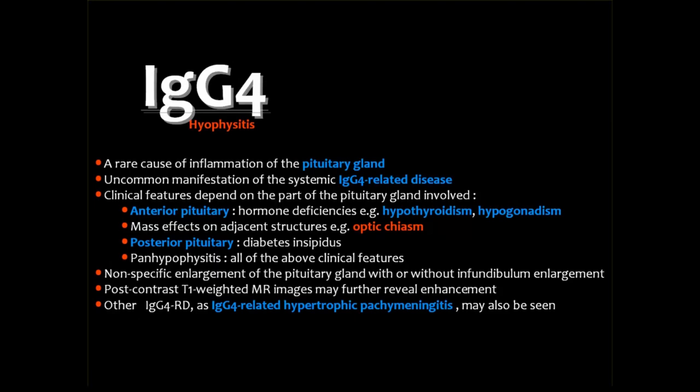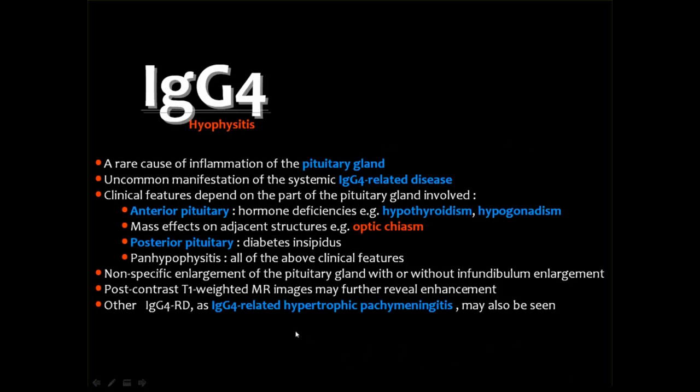Then IgG4 related hypophysitis. You remember in the lecture of the sella, we have mentioned many types of hypophysitis, and this is also another type which is known as IgG4 related hypophysitis.